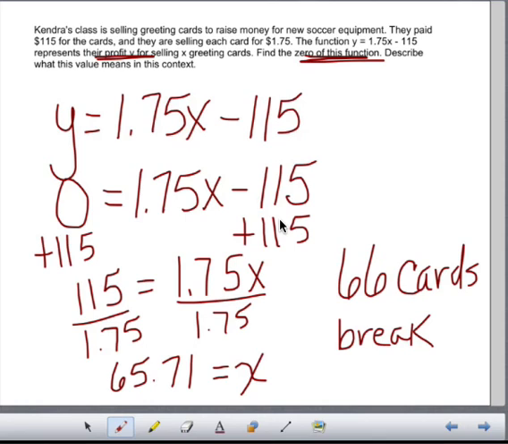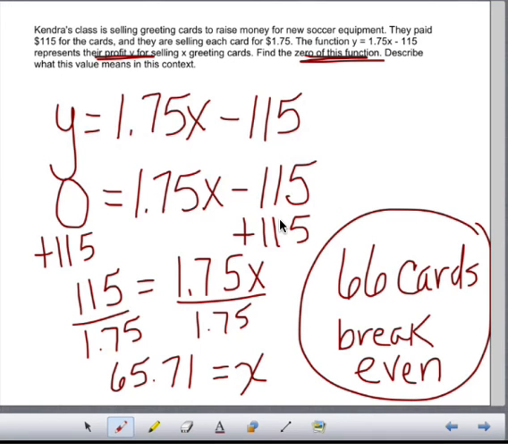My profit is 0. So they're going to have to sell 66 cards to break even. Anything more than 66 cards would be the profit, when they started making money. Okay? So that's solving by graphing. Again, you can always solve it by graphing and then check it algebraically.